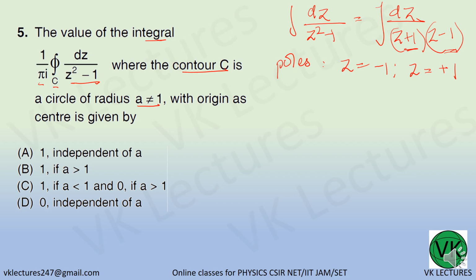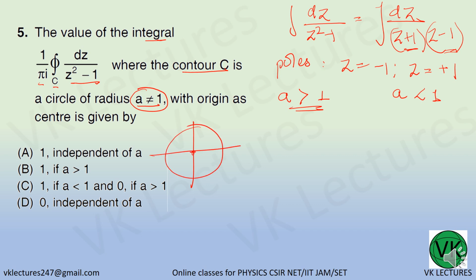Now coming to the question, where you see a not equal to 1, it means there are two possibilities, either a greater than 1 or a less than 1. Okay, for a greater than 1, we can write that the poles are inside, right? a greater than 1 at the origin means, so this is your origin and this is your a, and this is your 1, this is your minus 1.